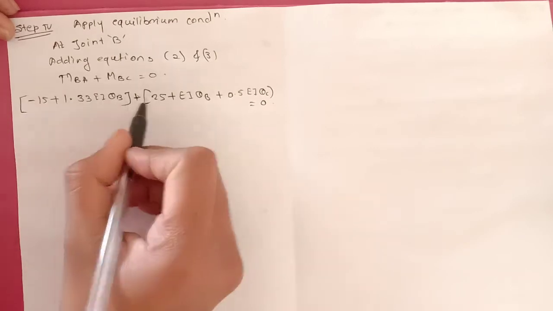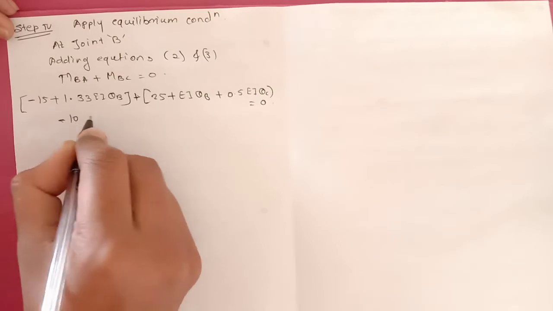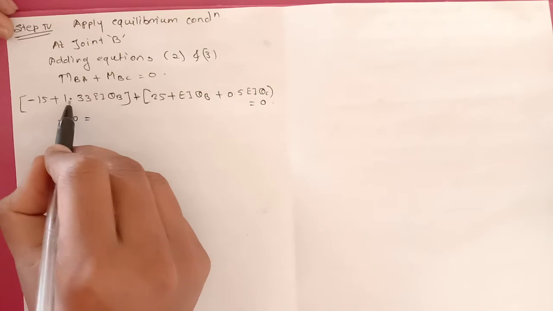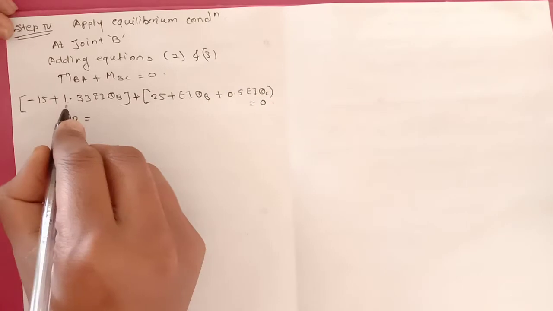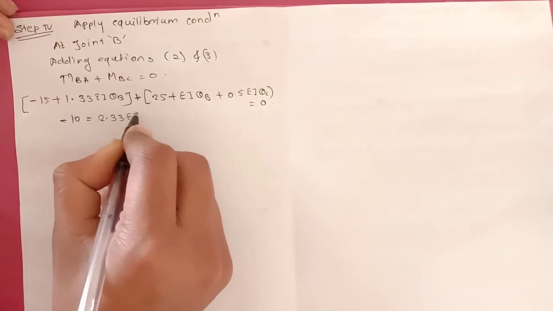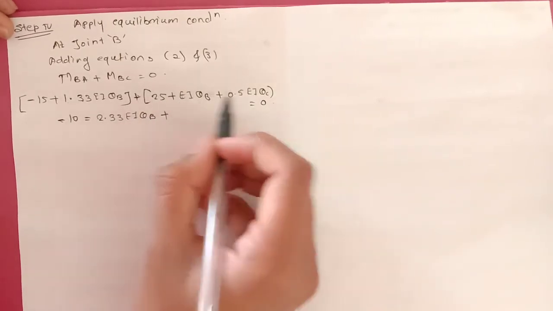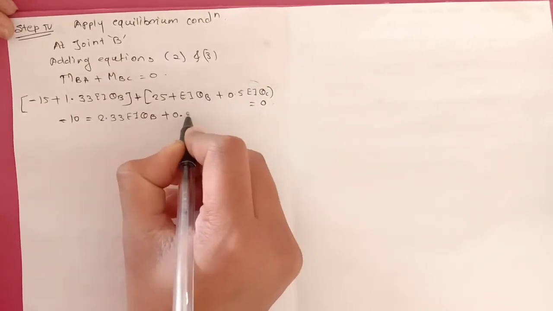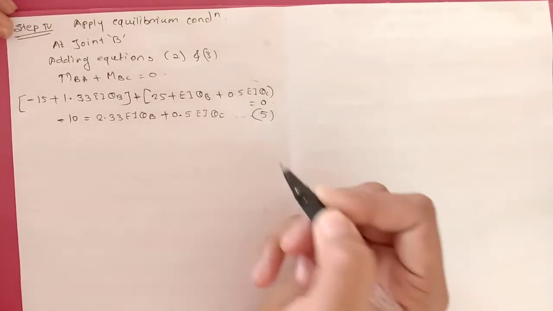Minus 15 plus 25 is minus 10, equal to the theta B terms, 1.33 EI theta B and 1 EI theta B, so 1.33 plus 1 is 2.33 EI theta B, plus the theta C term, where only one term is given, so 0.5 EI theta C. This is our equation number 5.